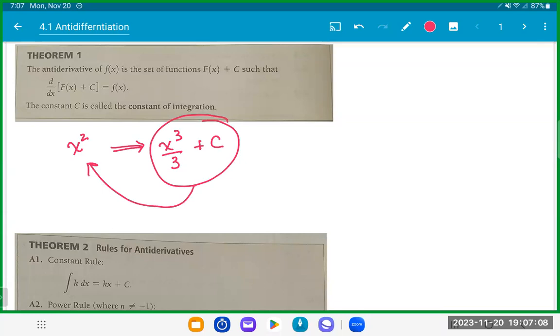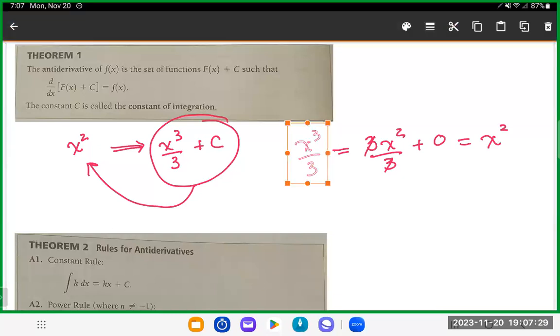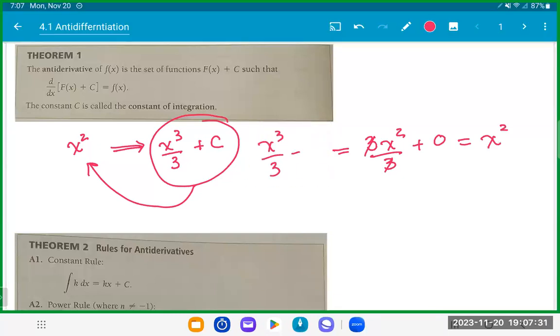Because the derivative of x cubed over 3, right, is just, the derivative is 3x squared over 3 plus that constant, and we know that the derivative of a constant is 0. So you can see here that yes, in fact, if we were to take the derivative of this plus this constant here, right, that derivative is going to be x squared.